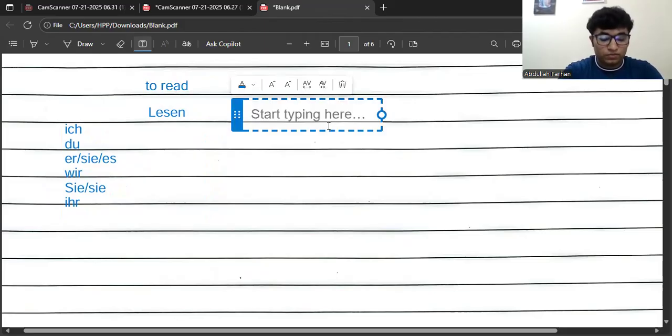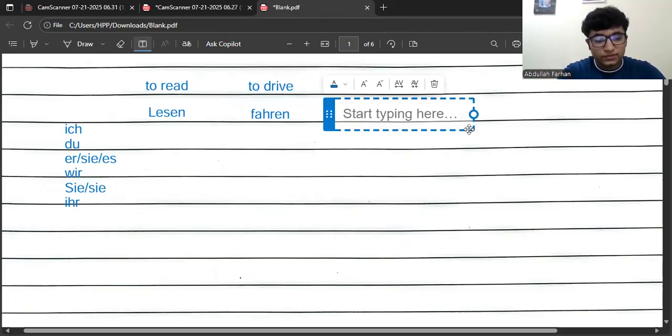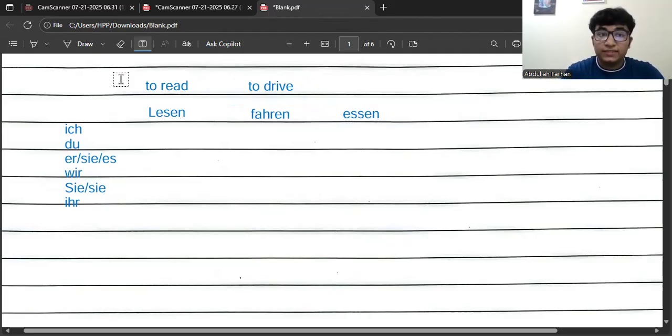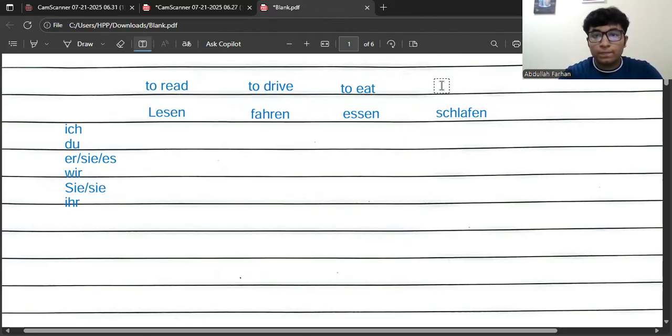Then we've got fahren, which means to drive. Then essen, which means to eat. Then schlafen, which means to sleep.